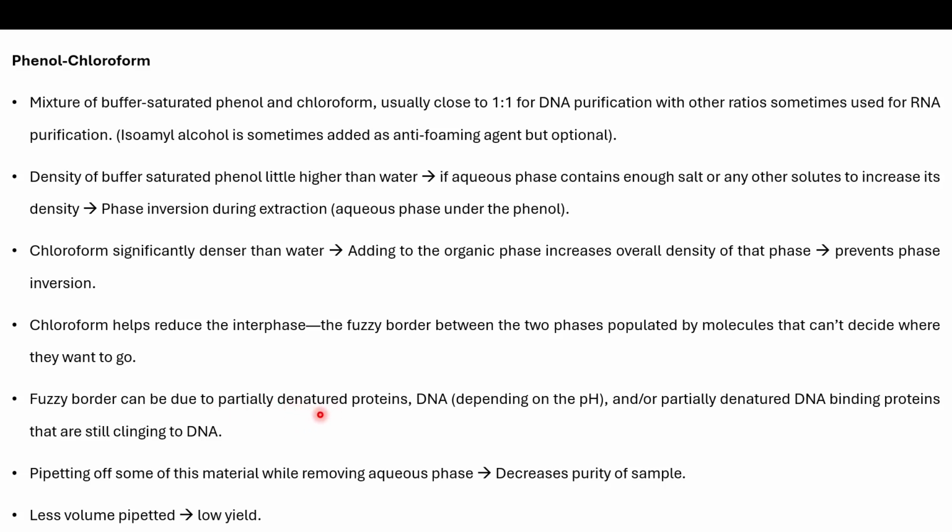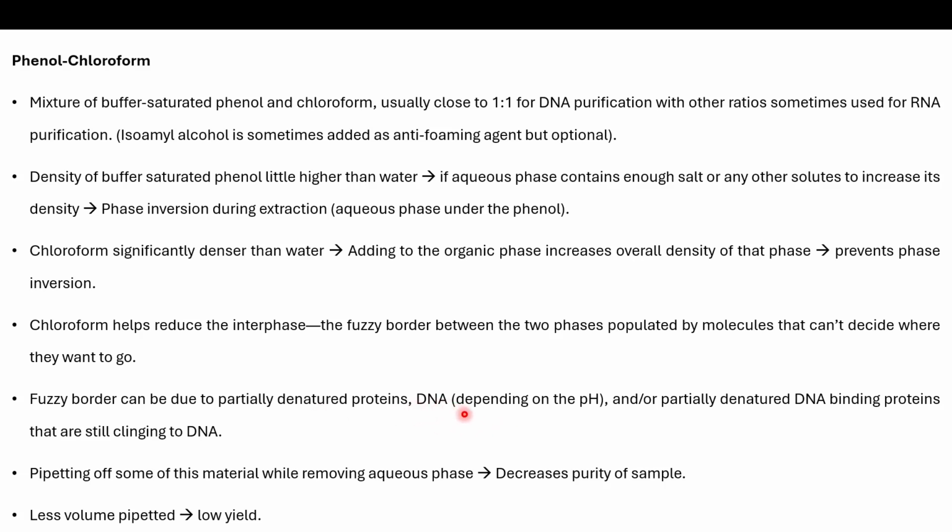Proteins with all the polar residues inside and all the hydrophobic residues outside will happily go into the organic phase, but when some of the polar residues are inside and some are outside, just imagine the whole structure, it will tend to stay at the middle part, not able to really decide which phase to go into.